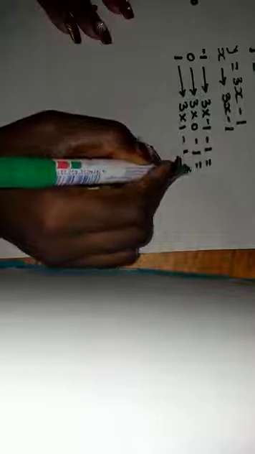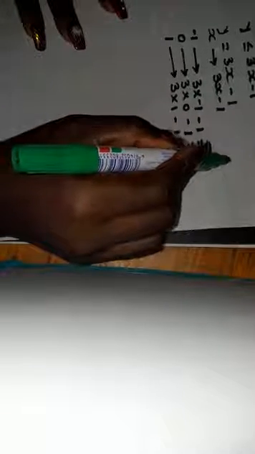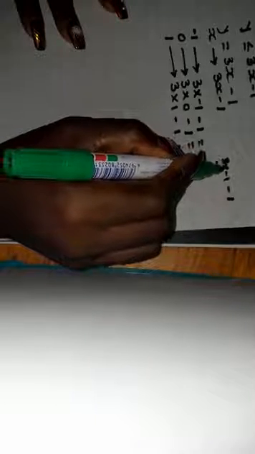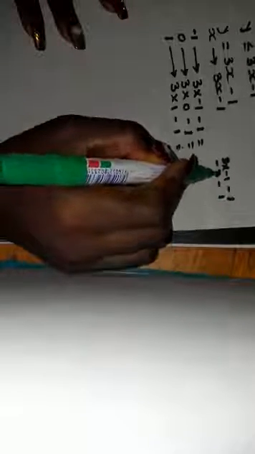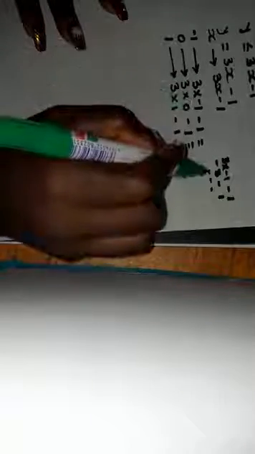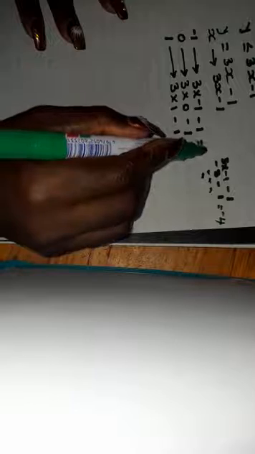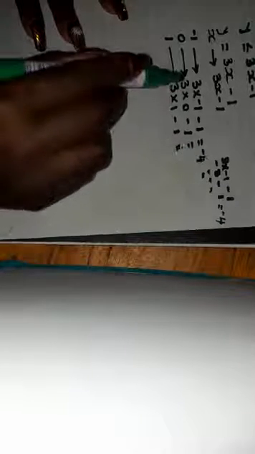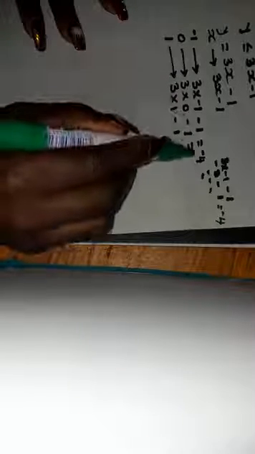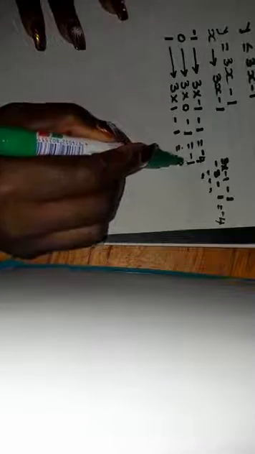Let us work this out. 3 times -1 minus 1 will be -3 minus 1, so we have -4. 3 times 0 is 0, minus 1 is -1. 3 times 1 is 3, minus 1 is 2.